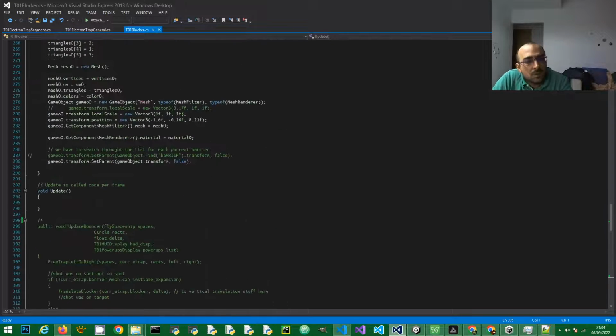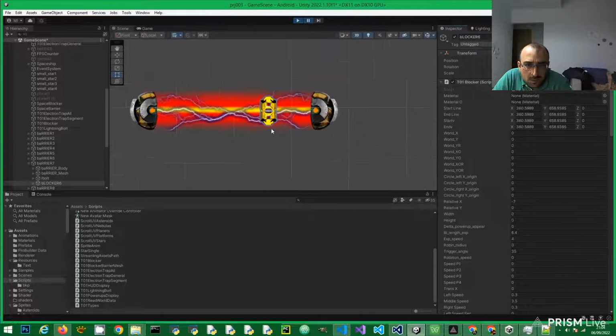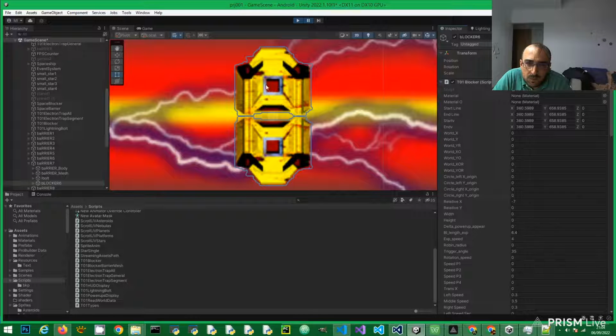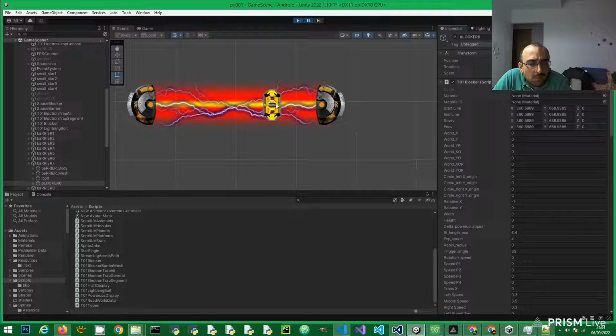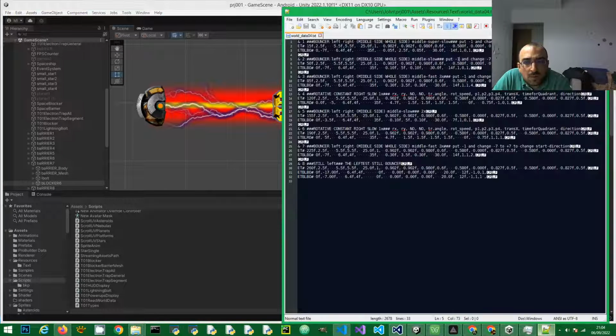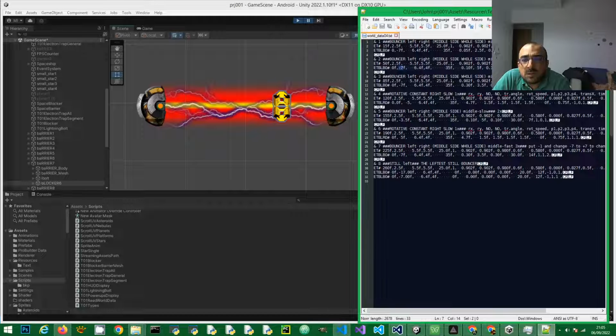Good. So now we will have to make these yellow blockers, these yellow machines, move left and right. I see a problem here. First of all, they are not correctly positioned, because as you can see right here, we have the position set to -7f.